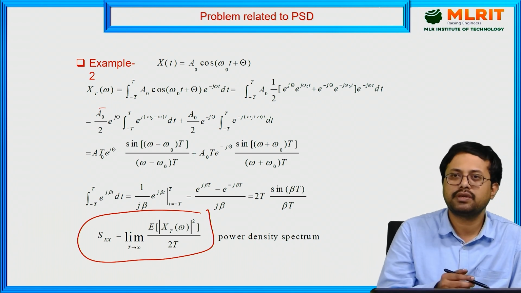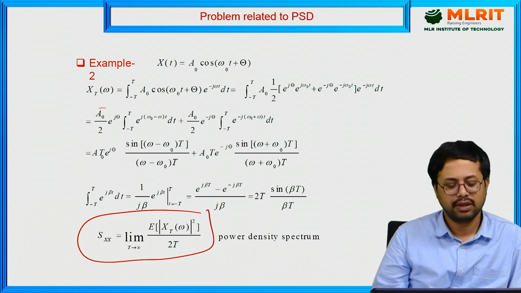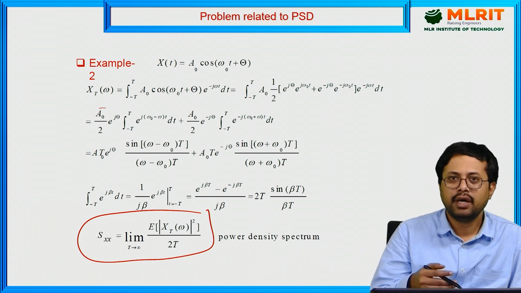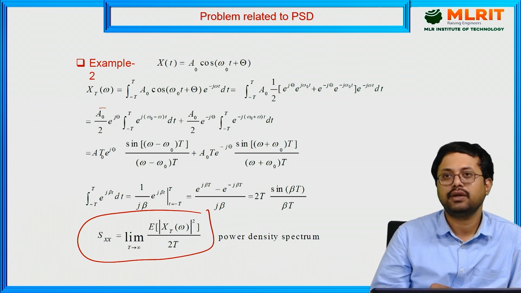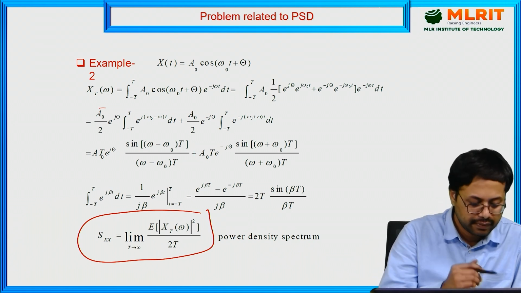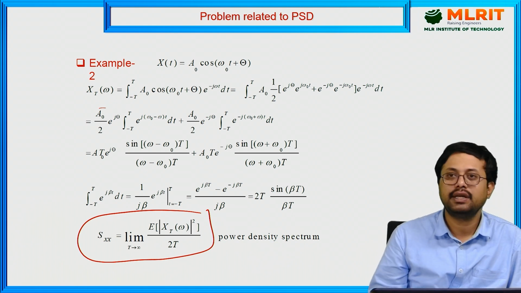Second approach you can also follow: for x of t, first you have to solve the autocorrelation function, and after completing that, solve the power spectral density. That is another method to solve the power spectral density. Next, after finishing that, calculate the average power.